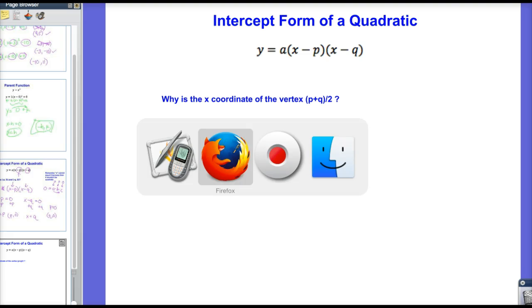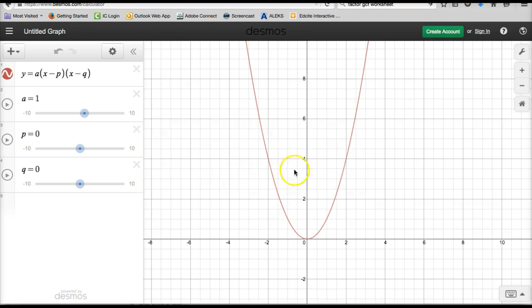Then since we have symmetry, we know that the vertex has to be exactly in the middle, because this one goes off in this direction and this one goes off exactly the same way in that direction. So between any 2 points, it has to be exactly in the middle.